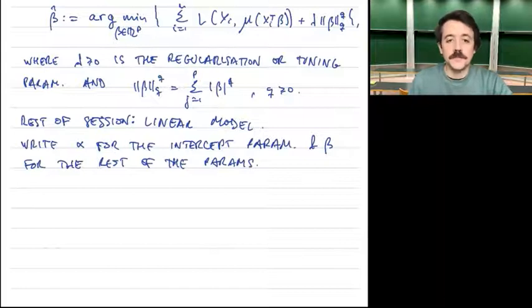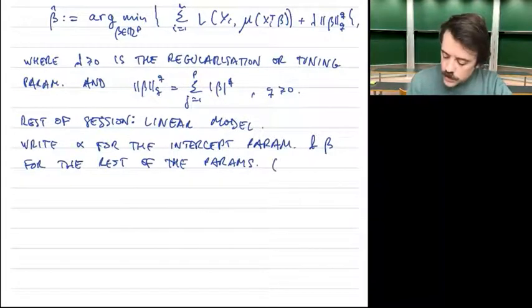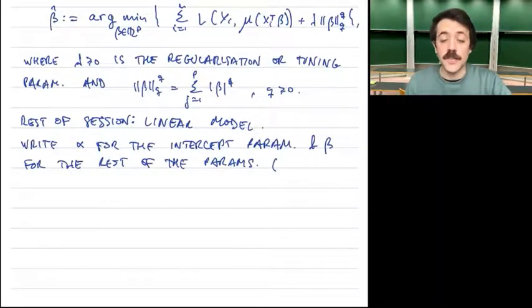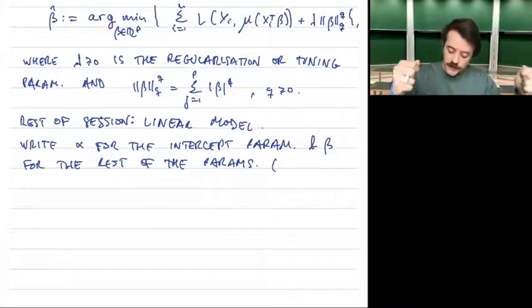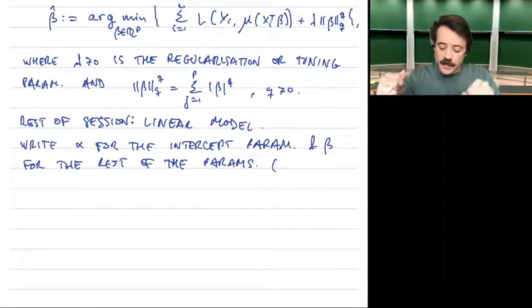By this I mean, with some abuse of notation, because we were calling beta all of the parameters, and what we've done is just take the first element, which is the intercept, take it out, call it alpha, and then call the remaining parameters beta.